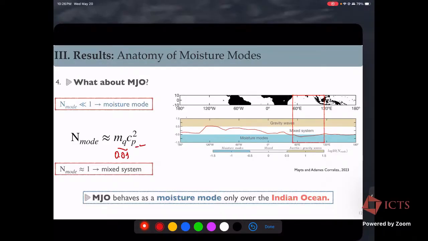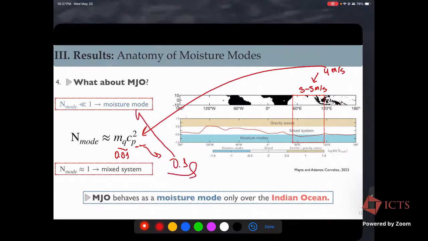Over the Indian Ocean region, the wave, for instance, propagates at 3 to 5 meters per second. If you consider a phase speed of 4 meters per second and plug it into this equation, you will get an N mode of about 0.1, which means the MJO, according to this N mode, can be classified as a moisture mode over the Indian Ocean region.